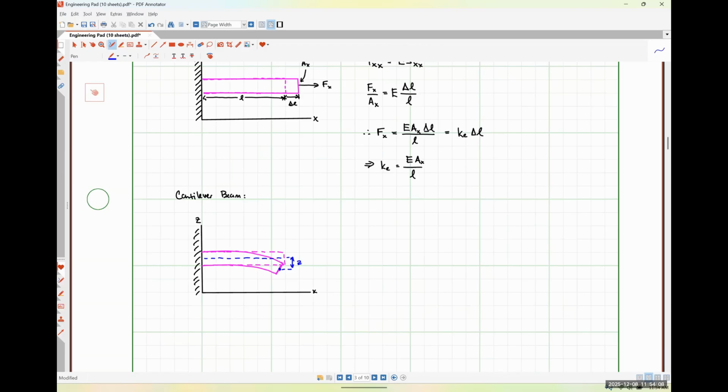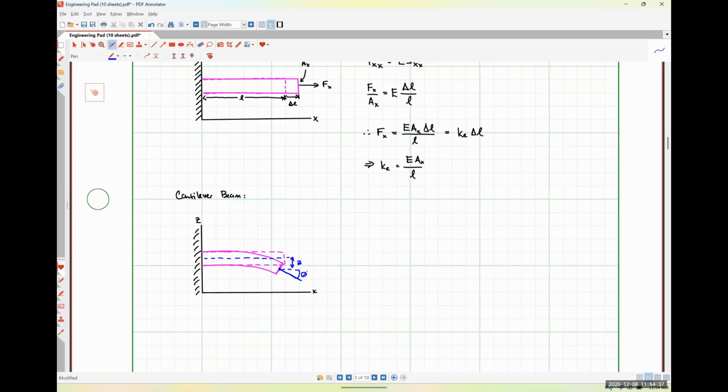And then if I draw a line extending out of this, perpendicular to that surface, we can define some angle, theta, that tells us the angle of deflection as well.